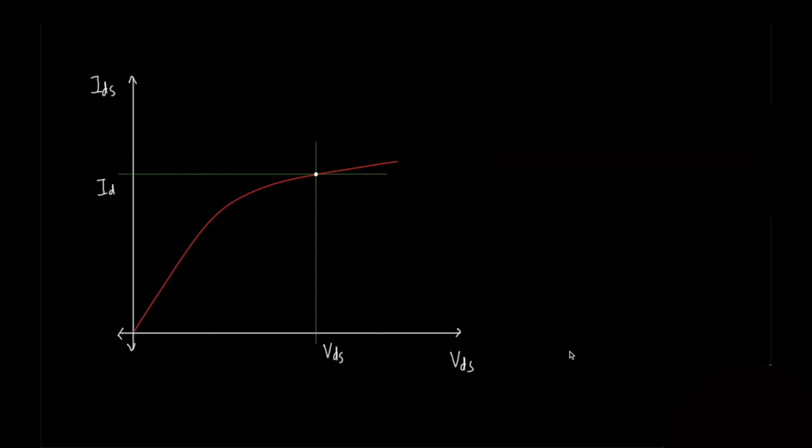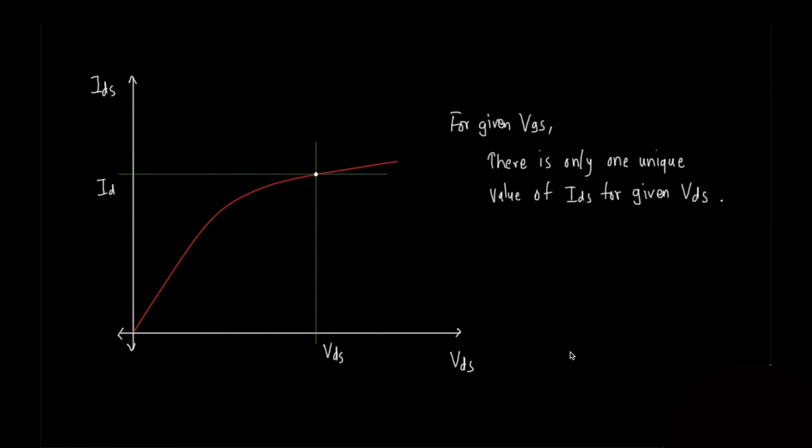From the IDS VDS plot, we can see that if we keep the current IDS constant, which is indicated by a horizontal line like this green line drawn here, for the given VGS, there is only one value of VDS where the green line meets the trace in the IDS VDS characteristic. What we want to know is how much VDS will change if we give a little nudge to the input voltage VGS.